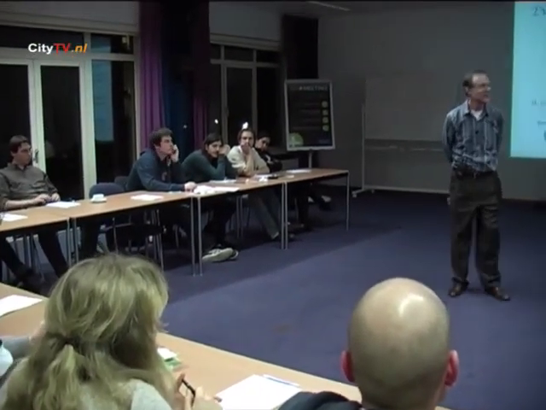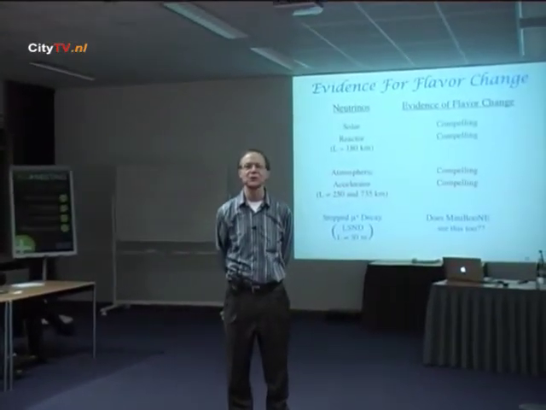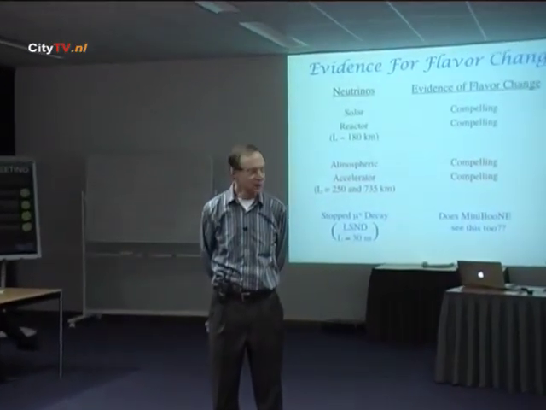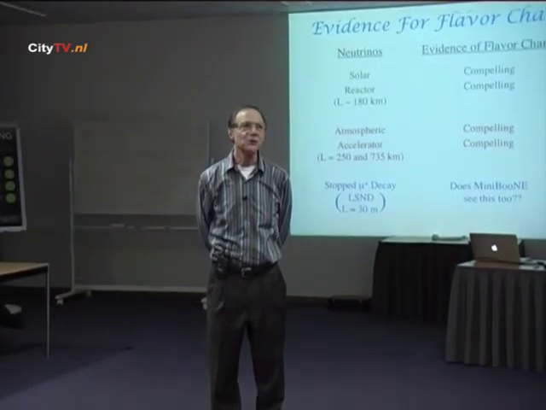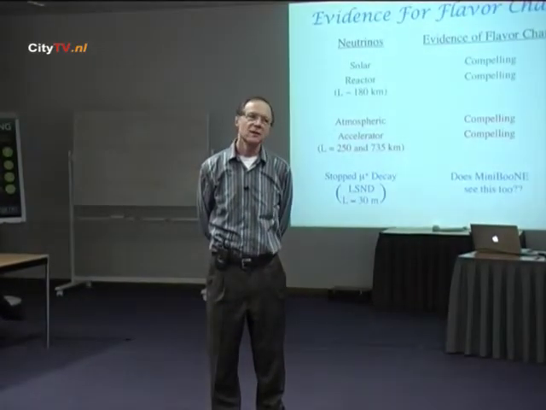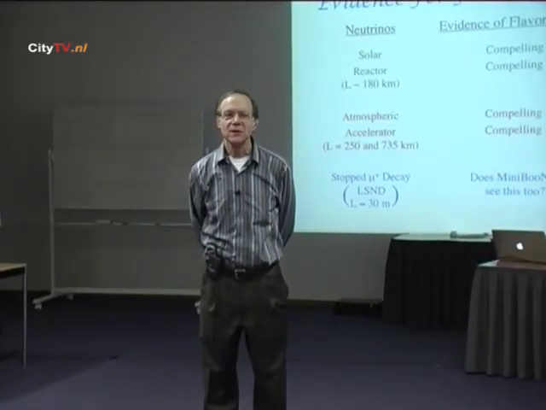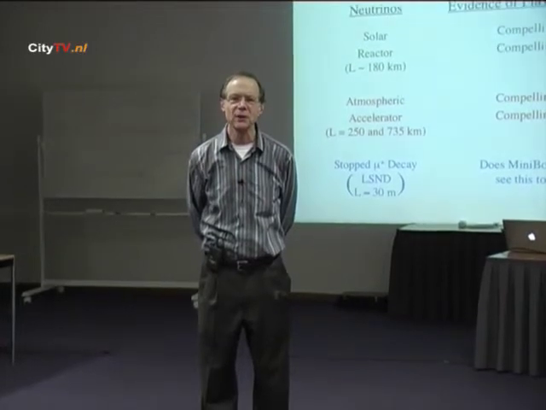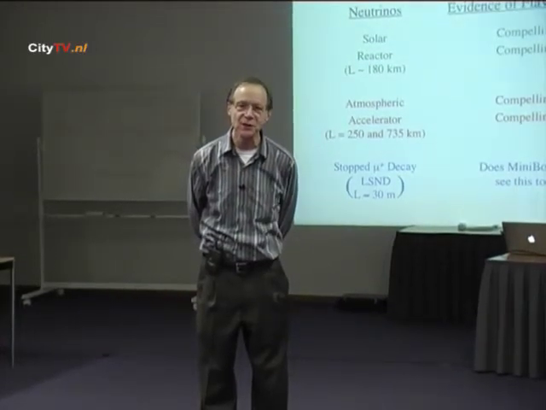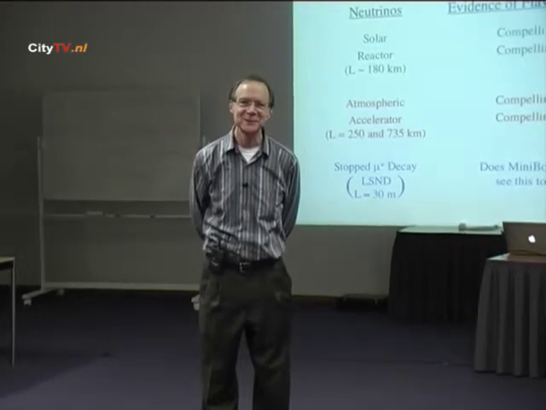Not at a collider. Probably not at a collider, because the masses are so small. If you want to do that, you have to do something that is sensitive to very, very, very small masses, not mass splittings, but masses, which means you're probably better off at very low energies, where the energies are not enormous compared to the masses. Okay. I'll come back to that.